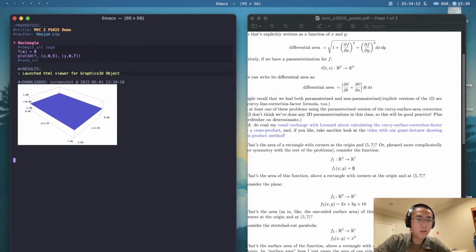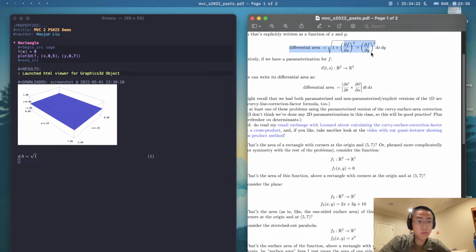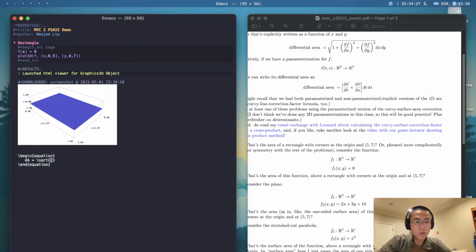Okay, cool. So figuring out the correction factor dA is pretty easy. It's 1, because the partial derivatives with respect to x and y of 0 are both 0. Square root of 1, as we all know, is 1.